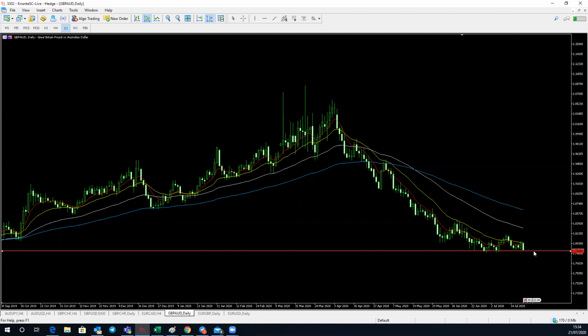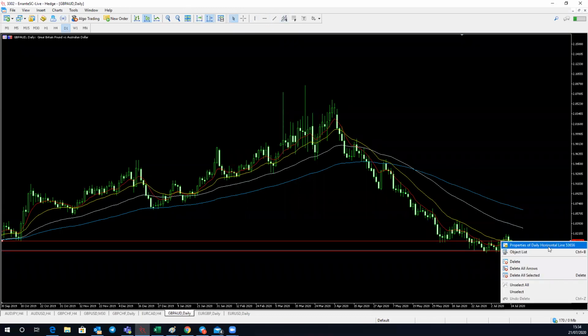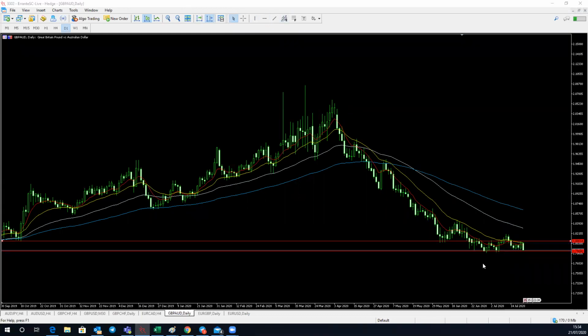Okay, so it's reasonably close to 79.00 as well, because we're looking at the daily chart right there. And then you've got 80.20 as your psychological level. So we need to break out from there.